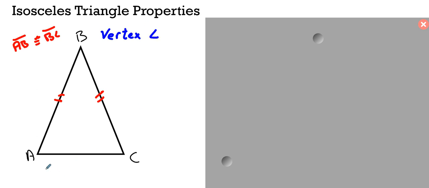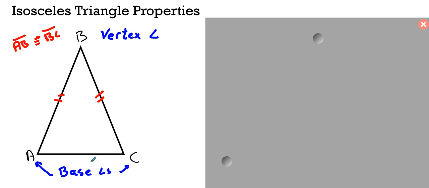And angles A and C are the base angles, but not because they are on the bottom. We want to break ourselves of the habit of thinking base means bottom in this particular case. So we have the vertex angle B, and we've got the base angles A and C.